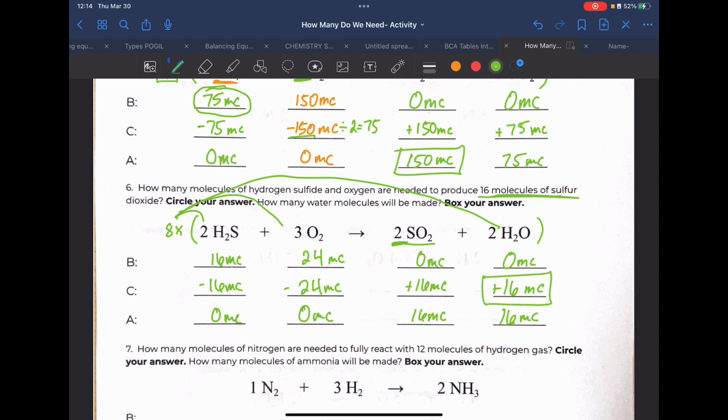The circle is, I'm supposed to circle how many molecules of each reactant are used, so I'll circle this. Remember, if you don't circle the right thing, I can't really give you credit for the question, because the whole point is to use the BCA table to answer the question being asked. If you just write out the BCA table but you don't know what any of it means, that's a problem, right?